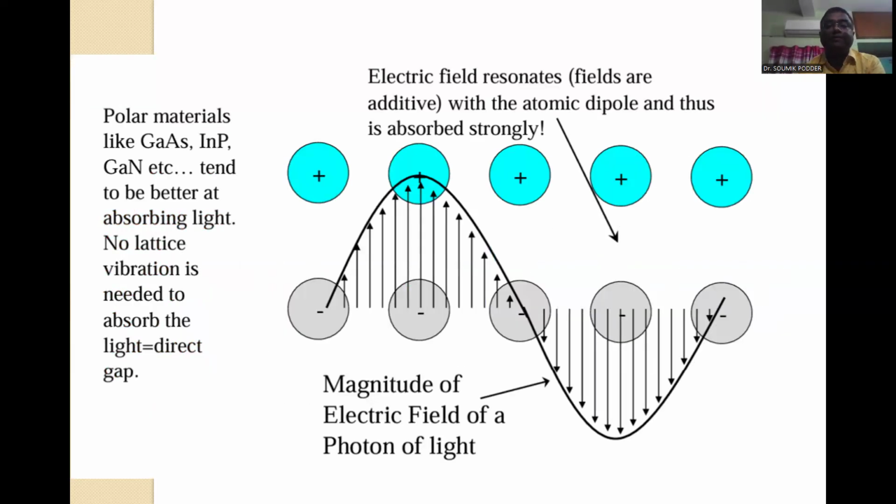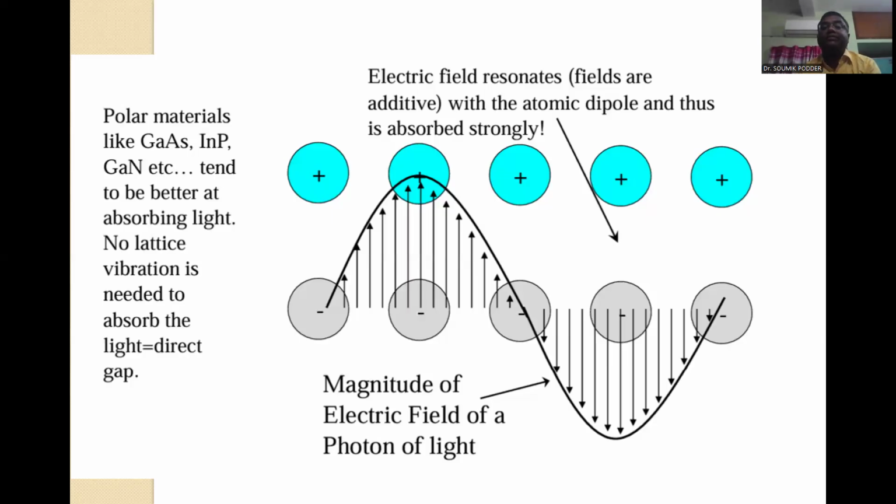Now, going to the magnitude of the electric field of a photon of the light. If light is impinged on materials like gallium arsenide, indium phosphide, gallium nitride, as no lattice vibration is taking place, there is total absorption of the light. The electric field due to the incident photon will vary in this fashion.